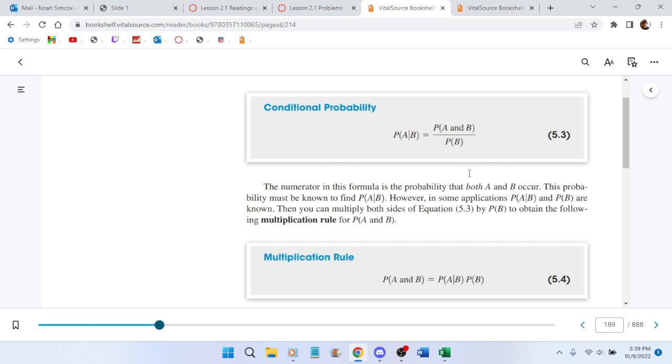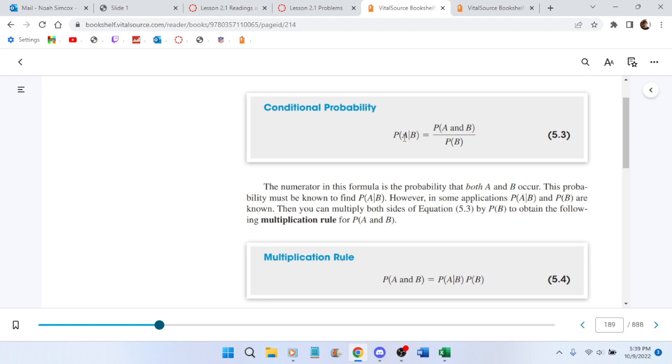What is the probability of A? What is the probability of light beer given that you have selected a blue collar worker?